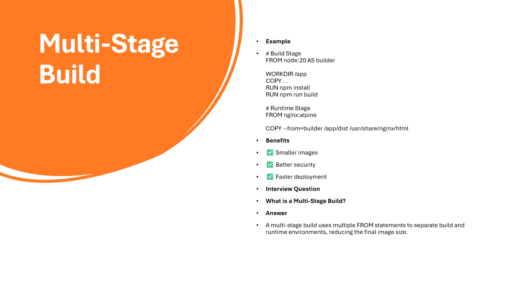Instead of shipping everything into production, we copy only the required output. The benefits are smaller images, better security, and faster deployment. A multi-stage build uses multiple FROM statements to separate build and runtime environments, and this eventually reduces the final image size.